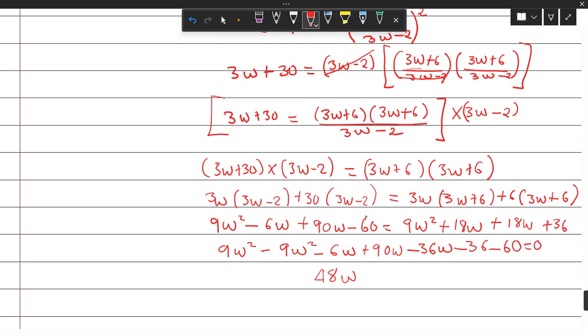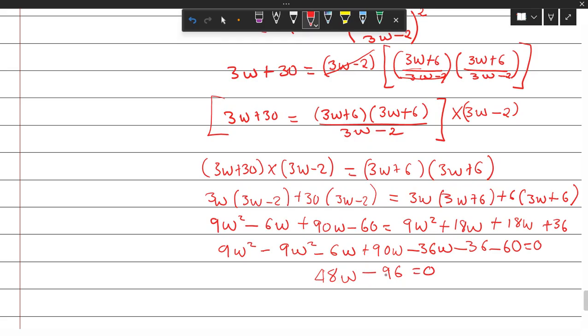I had forgotten this one. So we have two independent numbers, this and 36. These are both negative, so this is same as minus 36 minus 60. Okay, you get 96 equal to 0.